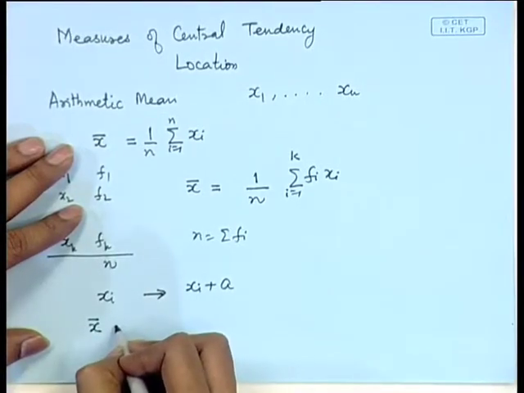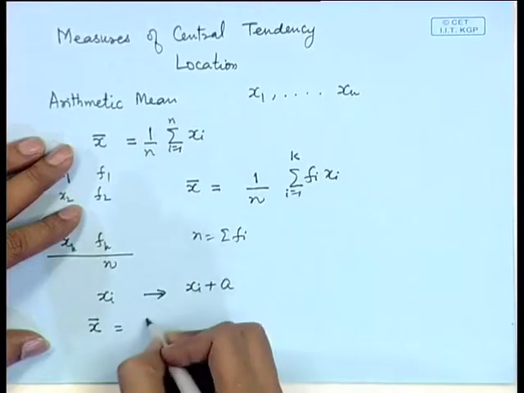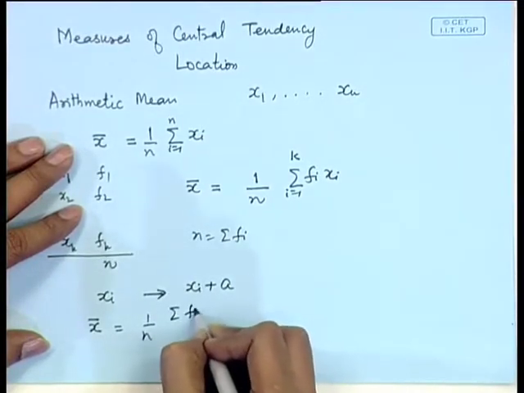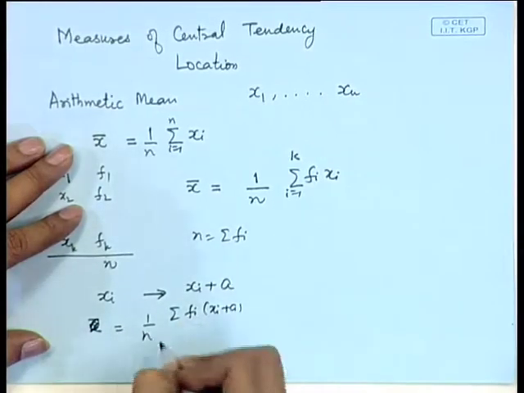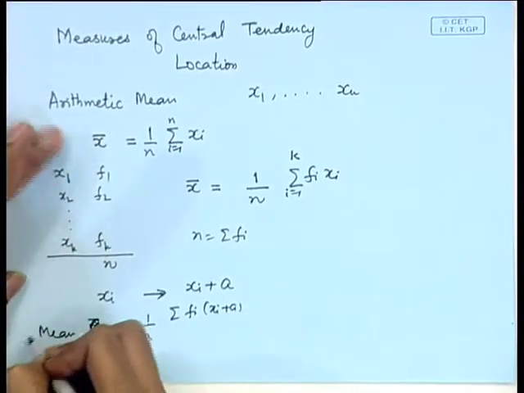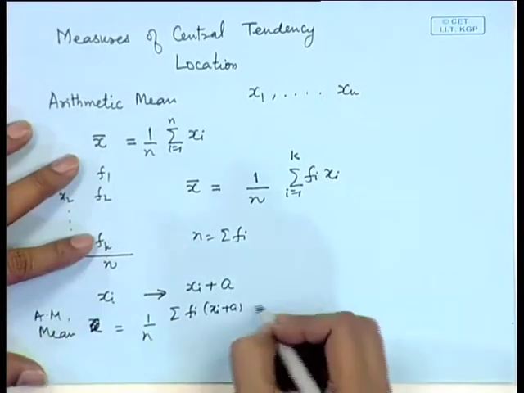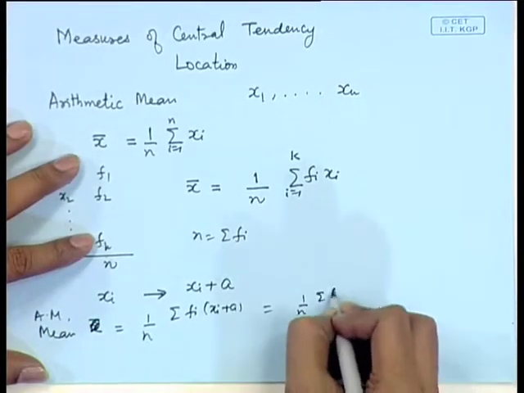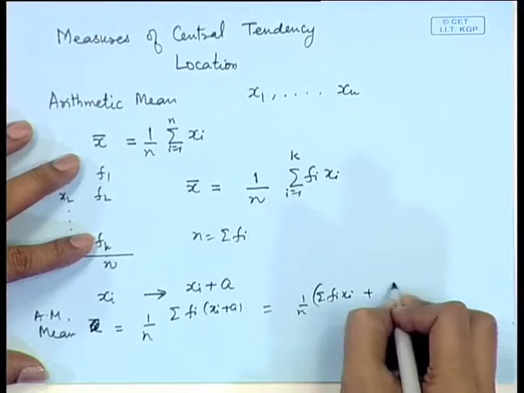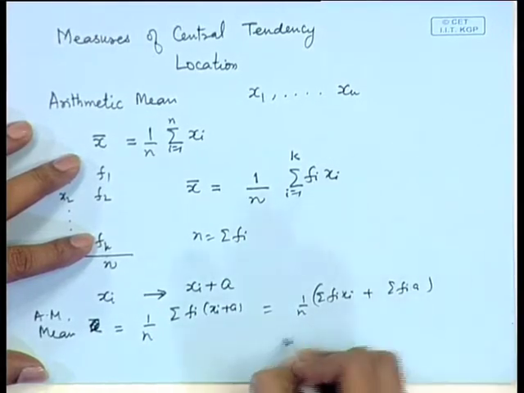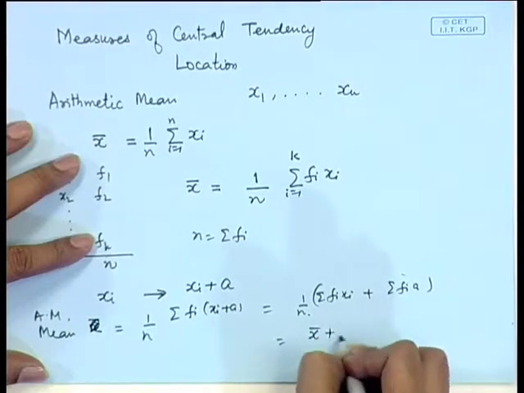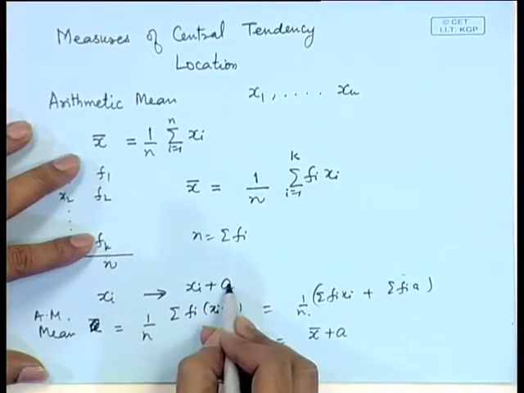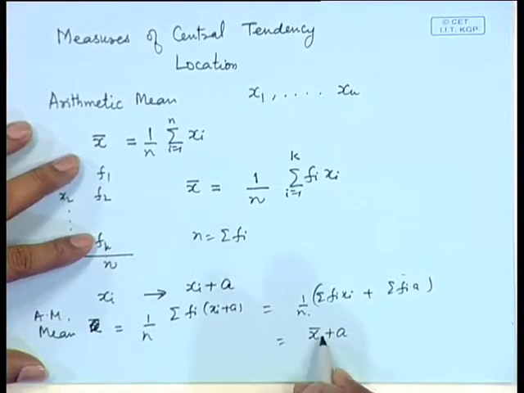The mean becomes 1 by n sigma f i x i plus sigma f i a. Now, sigma f i is n, so this n cancels out and you are left with x bar plus a. That means, if each observation is shifted by a certain value, then the mean is also shifted by that value.